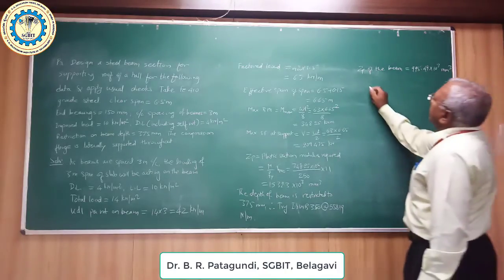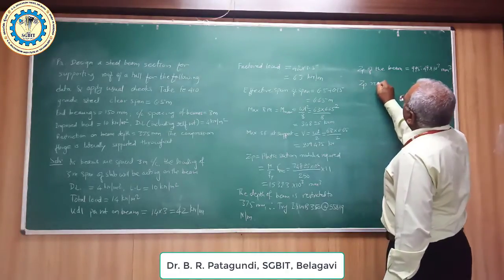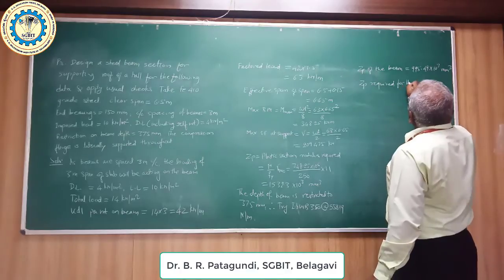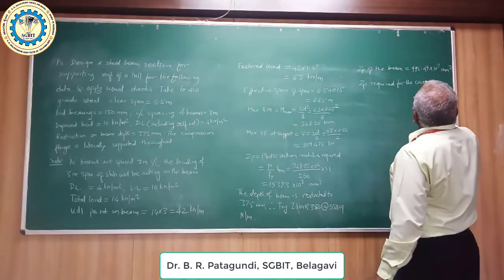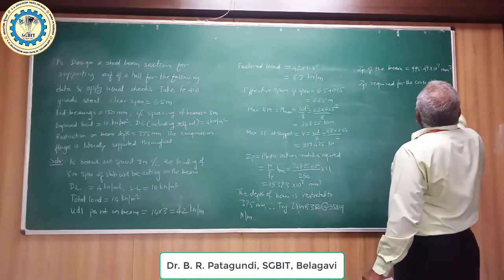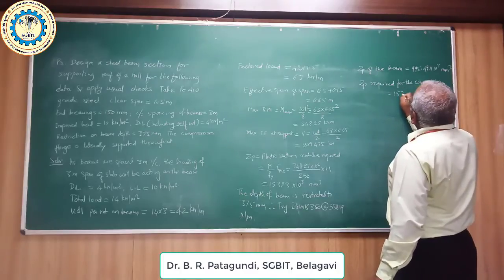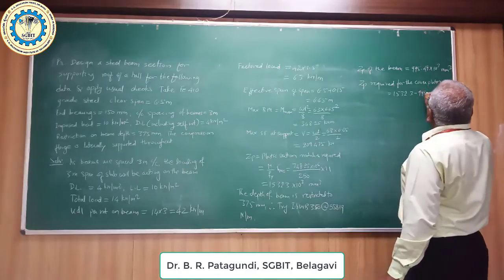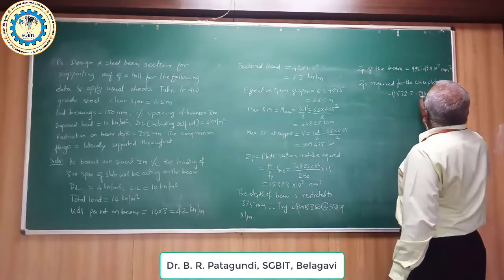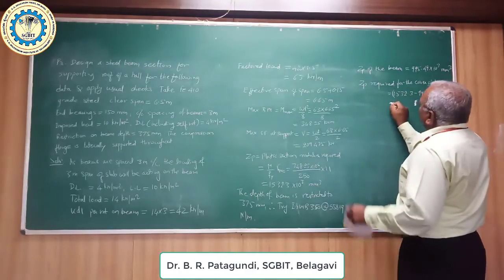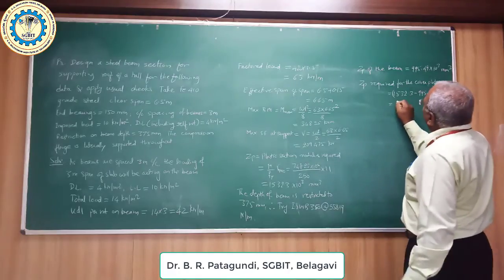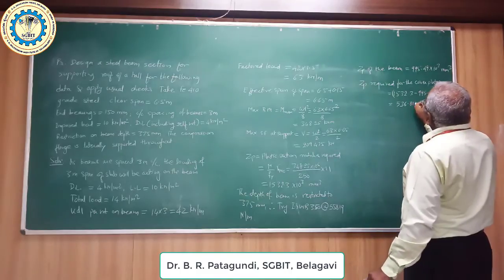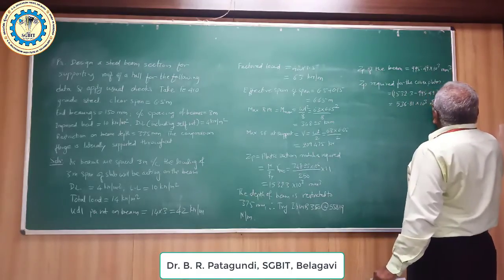So ZP required for the cover plates is equal to 1532.3 minus 995.49 into 10 power 3. This is equal to 536.81 into 10 power 3 millimeter cube.